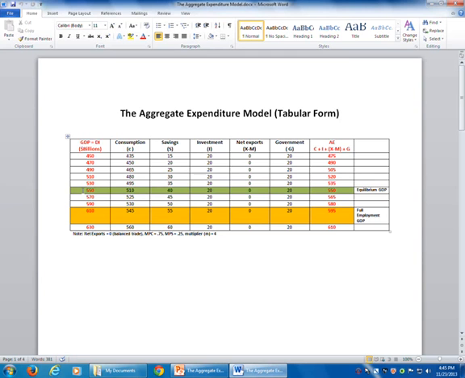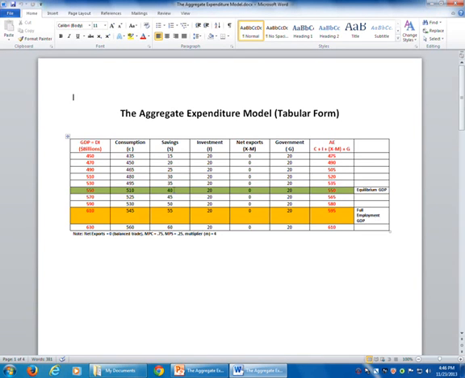So when aggregate expenditure equals GDP, the economy is said to be at equilibrium, right? And so when that is true, when the economy is in equilibrium, inventories should be normal. I sub u should equal 0. And so to get a sense of that, we see here that planned investment is 20 billion.